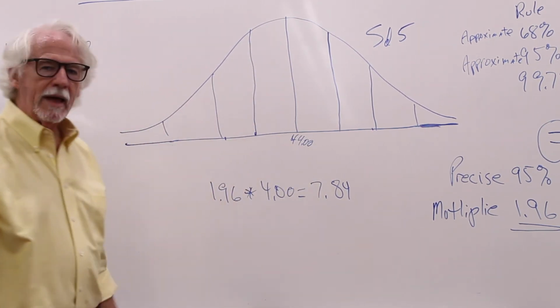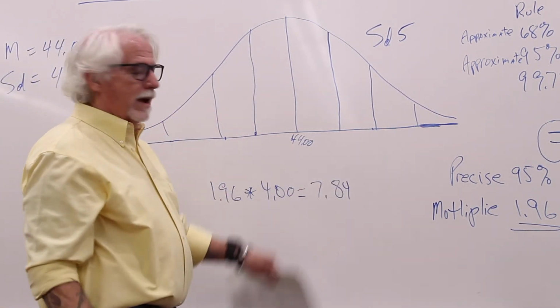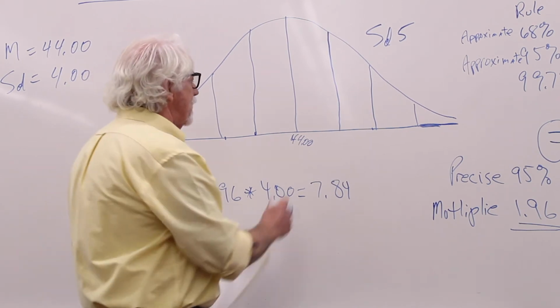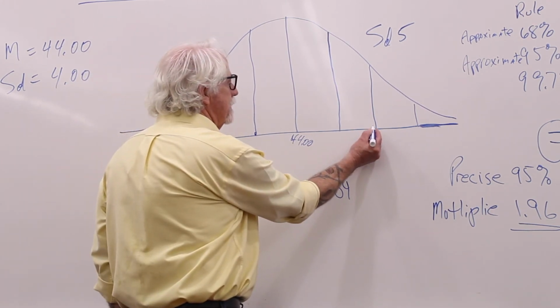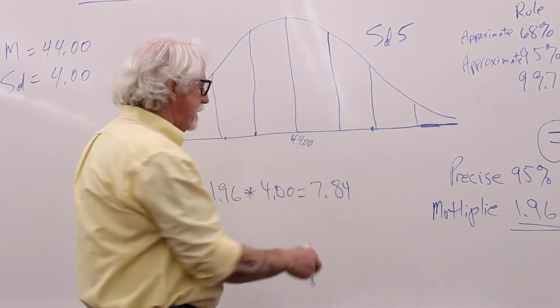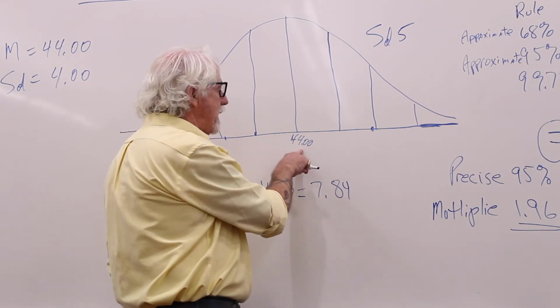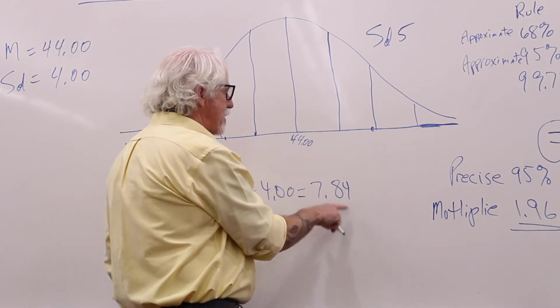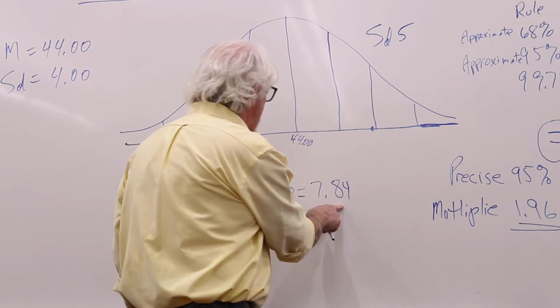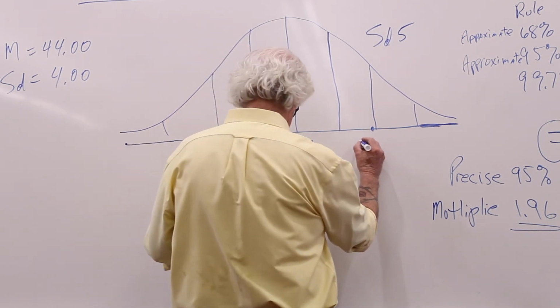Now, to get this number, I simply add this value to the mean. So 44 plus 7.84 is 51.84.